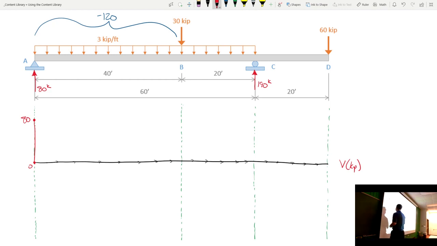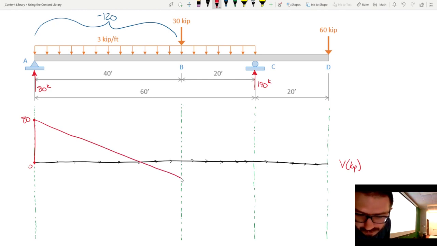Negative 40. Now here's where the new stuff comes in. This is a constant load of -3, so my integral of that is a line. So I'm going to shoot down about like that. I'm going to hit -40.